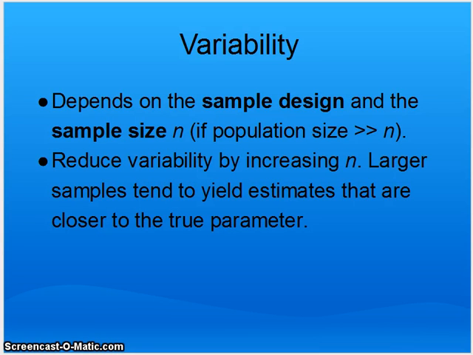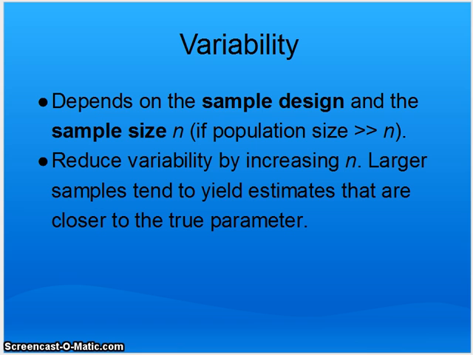The way you can reduce variability is by increasing your sample size. Larger samples tend to yield estimates that are closer to the true parameter, so they're going to be more accurate, less variable, and going to allow you to make much better estimates and answer questions about your parameters to a much greater extent. So if you can reduce variability, that's a very good thing.